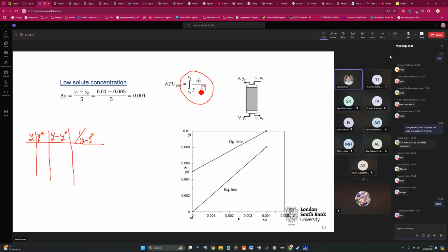This integral is 1 over y minus y at equilibrium. The value of y goes from 0.005.